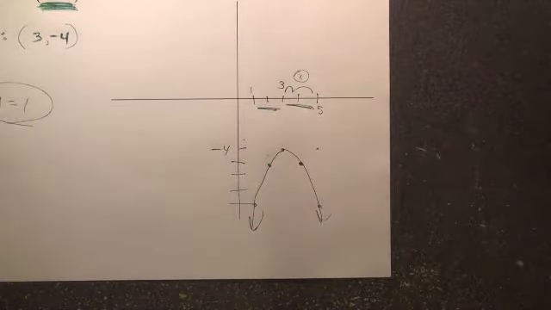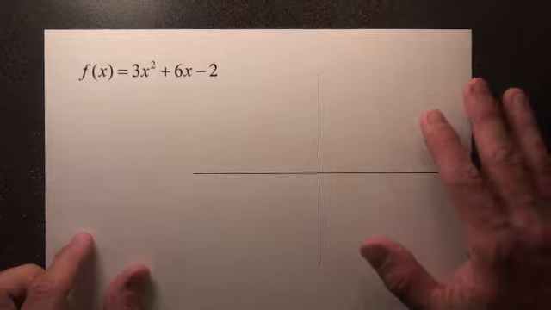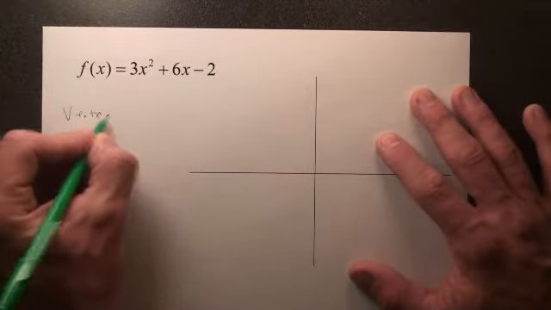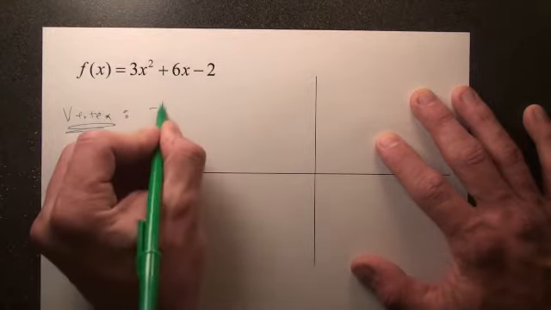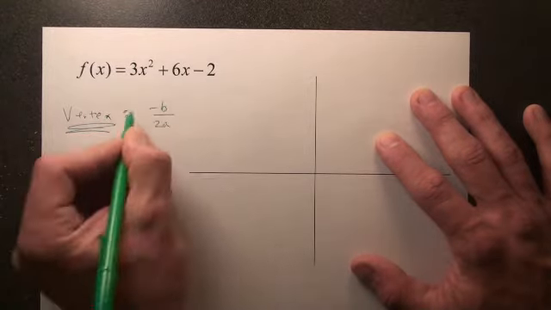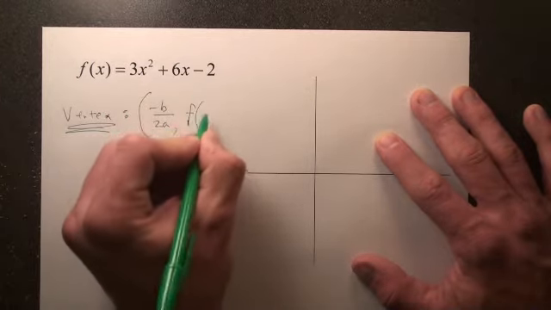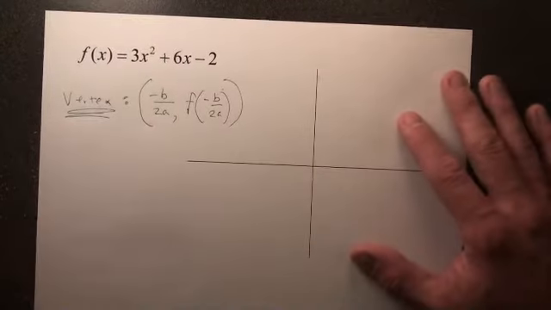Alright? Now, to bring this thing home, to really bring this thing home here, we're going to use what's called the vertex formula. Vertex formula, you ready? Here it is. You're going to use -b over 2a, comma, f of negative b over 2a. Alright?